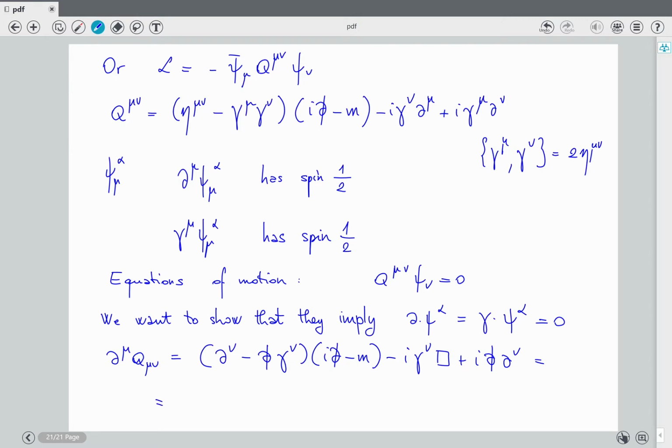Okay, so let us use the Dirac algebra to exchange those two, and we get ∂^ν plus γ^ν∂̸ minus 2∂^ν, which multiplies (i∂̸ − m), minus iγ^ν □ plus i∂̸∂^ν.